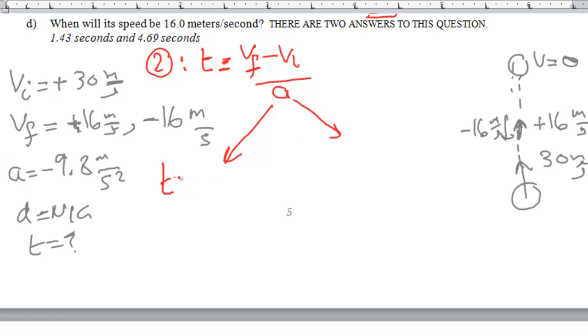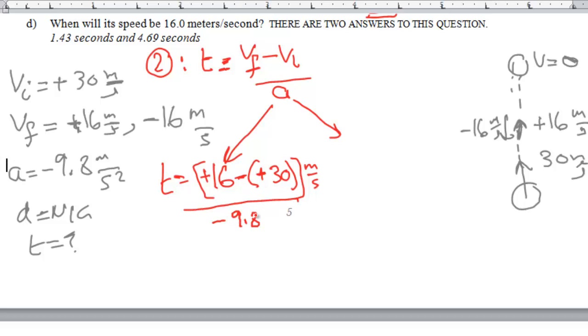T equals, and we'll take V final first to be positive 16, so it will be positive 16 minus V initial, which is positive 30, and this is all meters per second, over the acceleration, which is negative 9.8 meters per second squared.